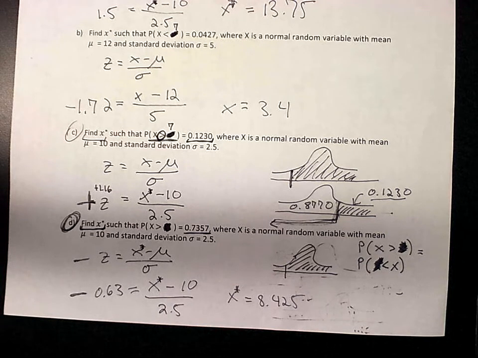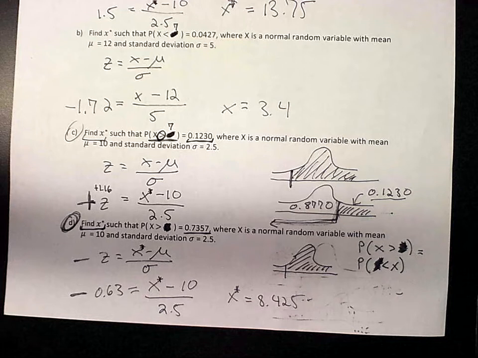Even though we have a small percentage, which we're expecting to give us a negative z value, because we're being greater than something, if we have a small percentage, we have to end up with a positive z value. Or like we did down here in part D, whenever we have x is greater than x star and we have a large percentage, then above that cutoff we want to have a large percentage, so we're going to end up with a negative z value.